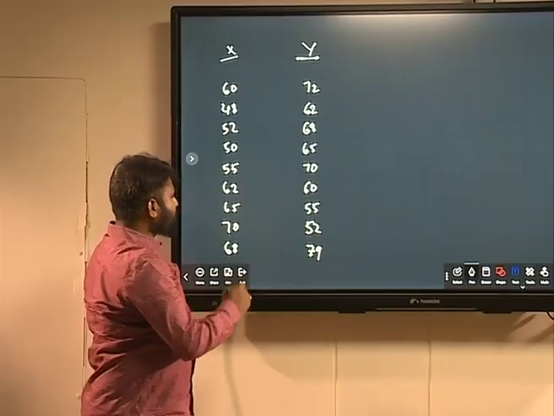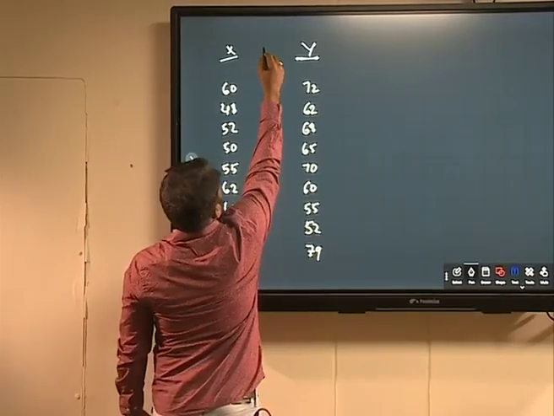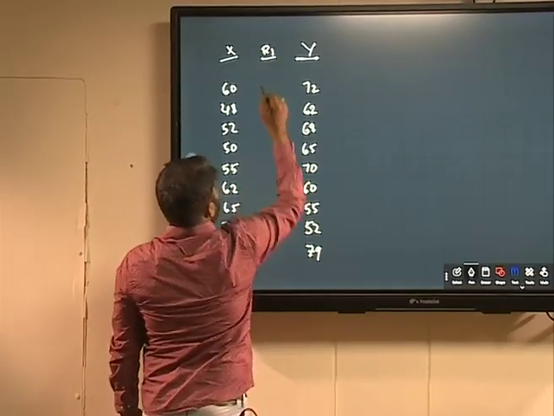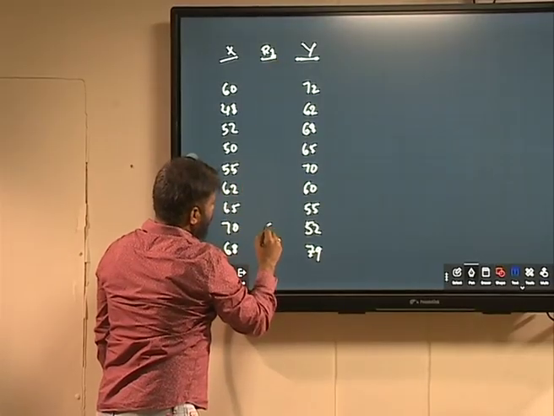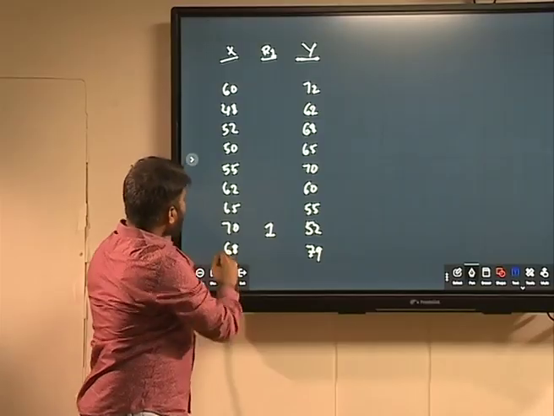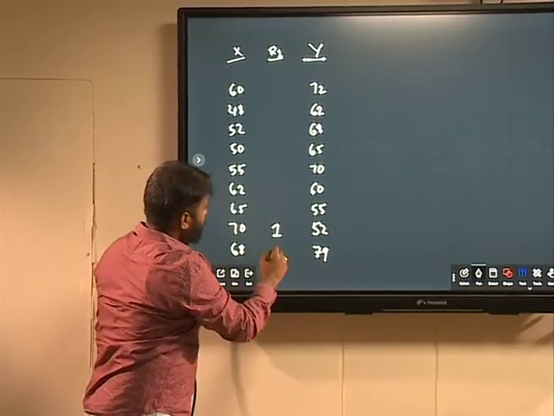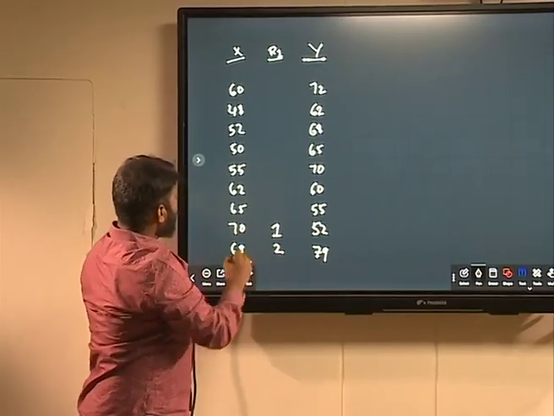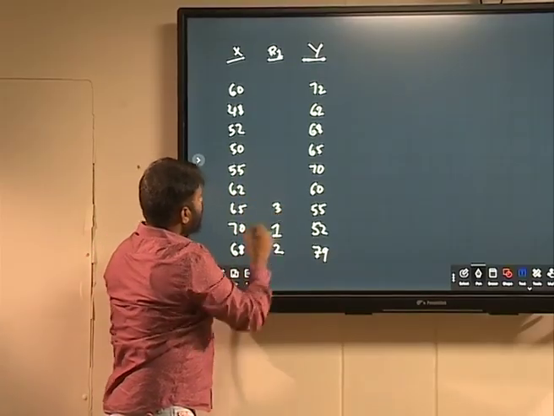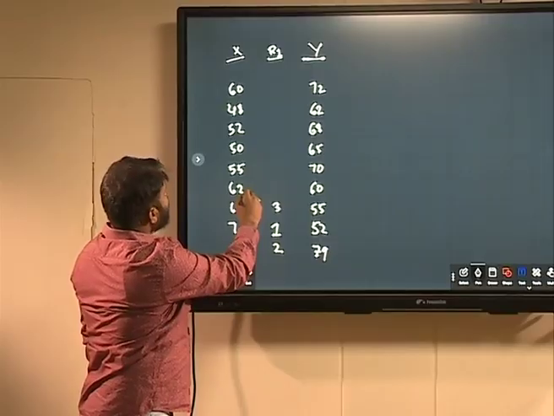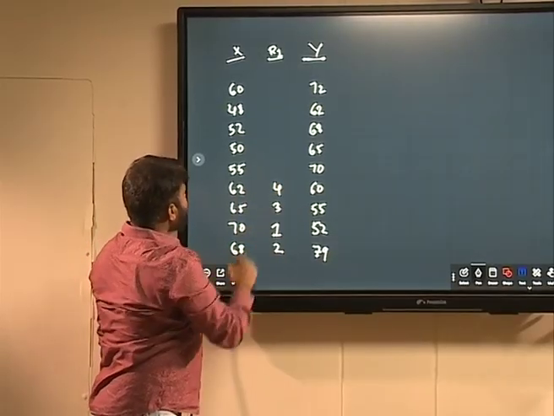So I am going to assign rank 1, R1, to 70, first rank. After 70, 68 is the second rank. After 68, 65 is the third rank. After 65, 62 is the fourth rank.